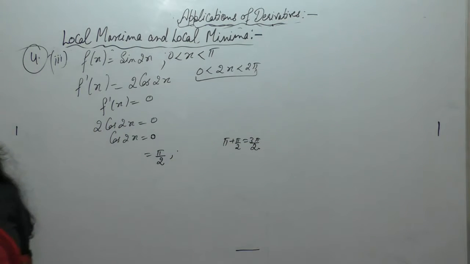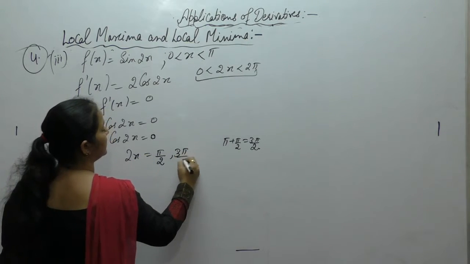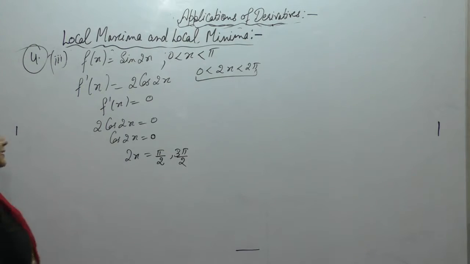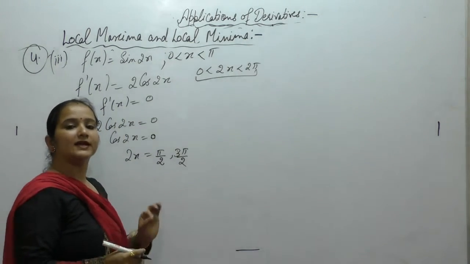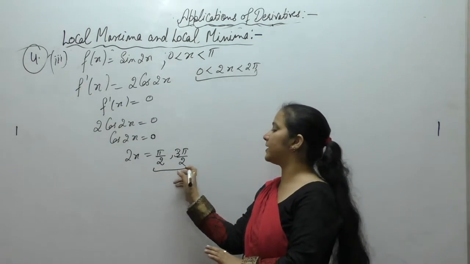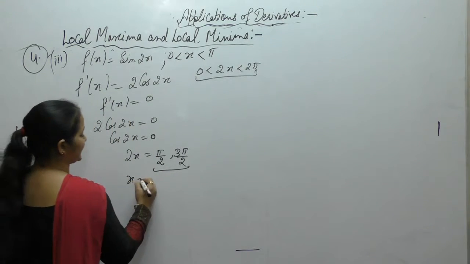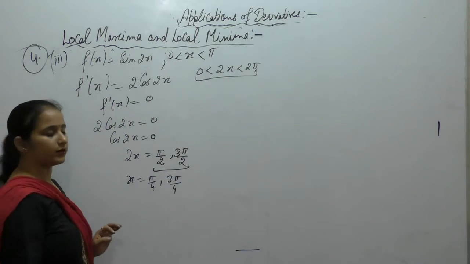So we get here 2x equal to pi by 2 and 3 pi by 2. Clear? Because the limit lies between 0 to 2 pi, we have to look for the points between 0 and 2 pi where the value of cos is 0. Now we get x as pi by 4 and 3 pi by 4.